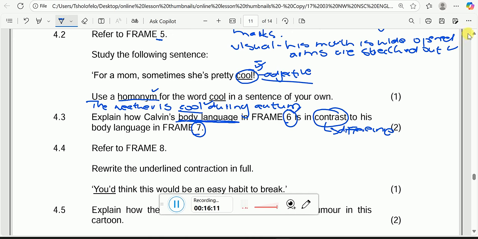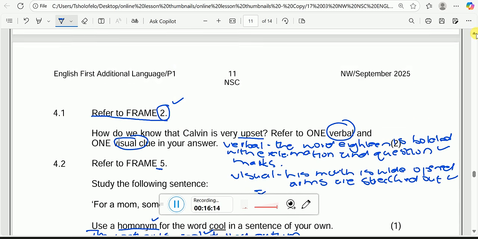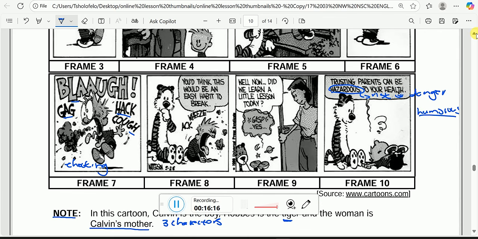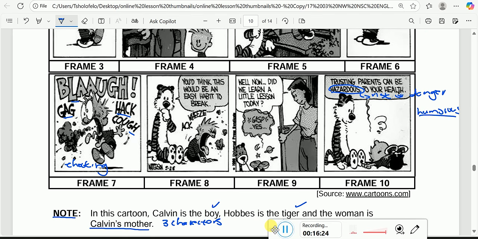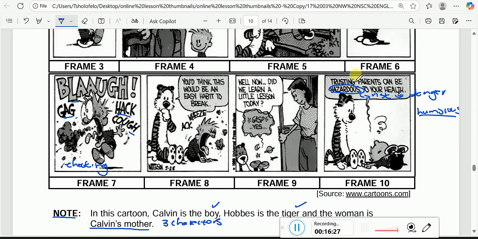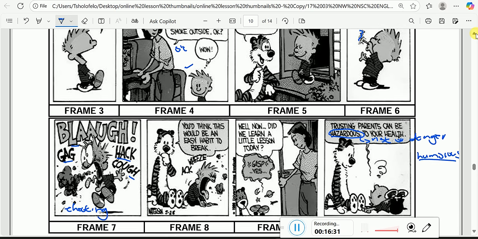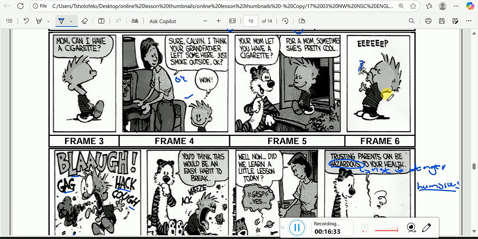Now we go back to frame 6 and 7 to establish the contrast there. We have already described how Calvin is in frame 6 and 7. Sorry, I think I've been looking at the wrong frames. I've been looking at frame 7 and 6. This is frame 7 and this is frame 6.